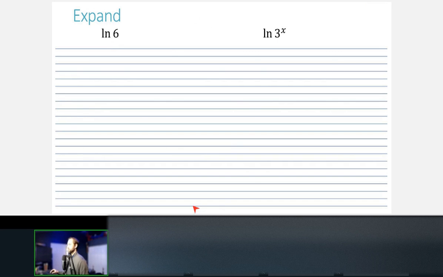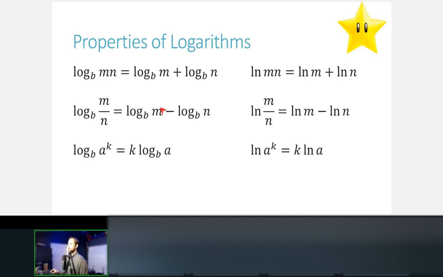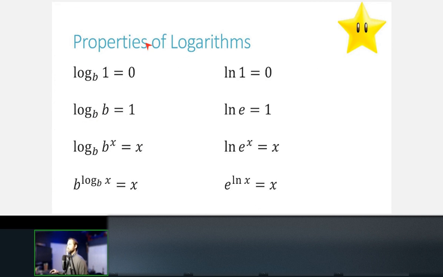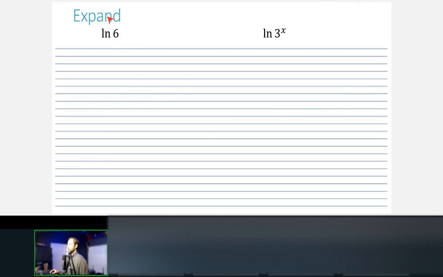All right, so let's expand. We're going to use this expansion property to expand this first one. Now, whenever you get these problems, you always want to rewrite all your numbers as prime factors with exponents. And you also want to rewrite any radicals as a quantity raised to some power.